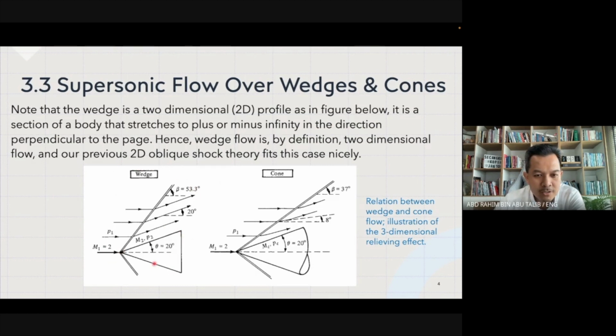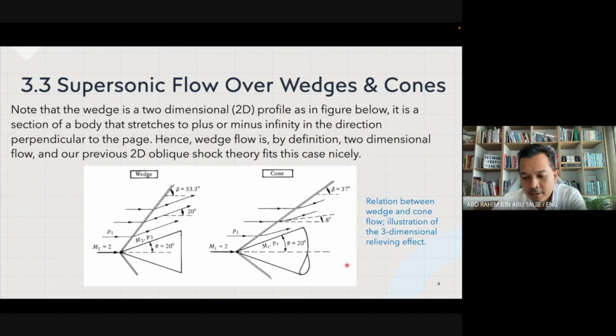It is a section of a body that stretches to plus or minus infinity in the direction perpendicular to the page. So the wedge flow is by definition two-dimensional flow, and our previous 2D oblique shock theory fits nicely in this particular case.